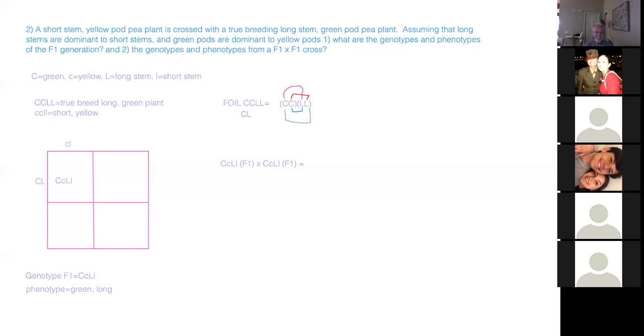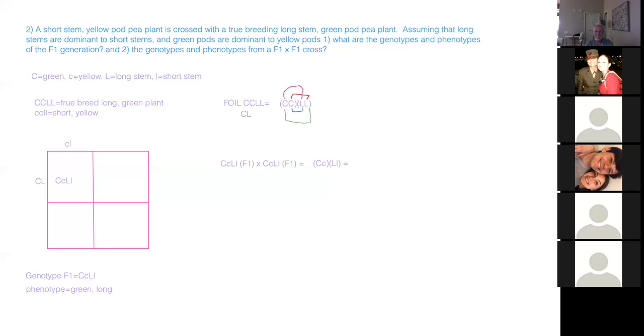What are the possible gametes that I can get when I use FOIL? Somebody give me a possible combination for the firsts. Remember FOIL: first, outer, inner, last. So for the F, first, what would I get for a combination? Capital big C, capital big L. Okay, big C, big L. And go ahead, one of the two of you. What would be the outers?